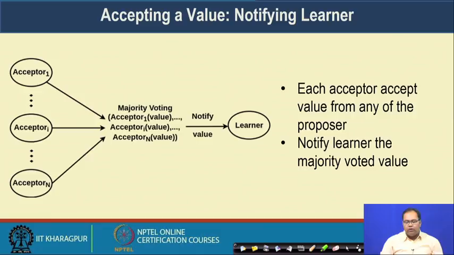Now, whenever the acceptor accepts values from the proposer, it informs the learner about this majority voted value. So, everyone learns what the majority voting in the environment is.